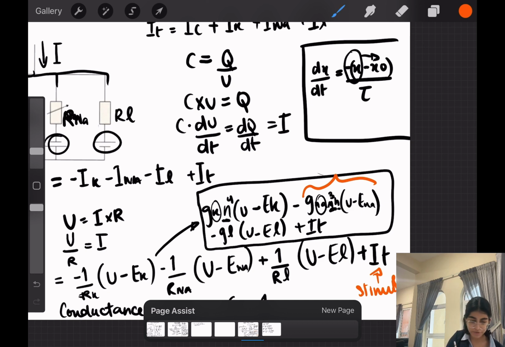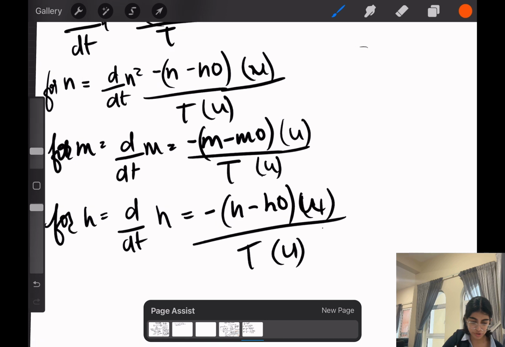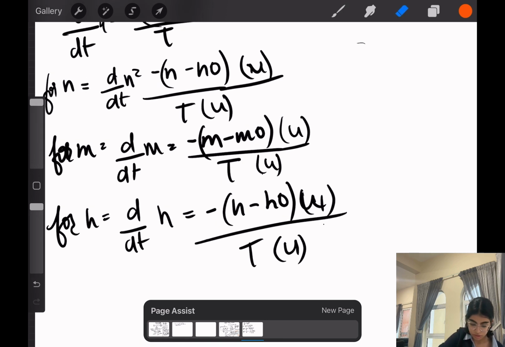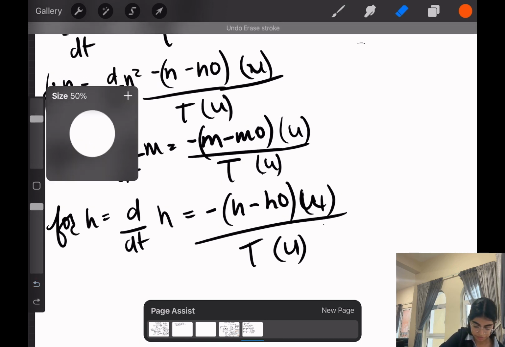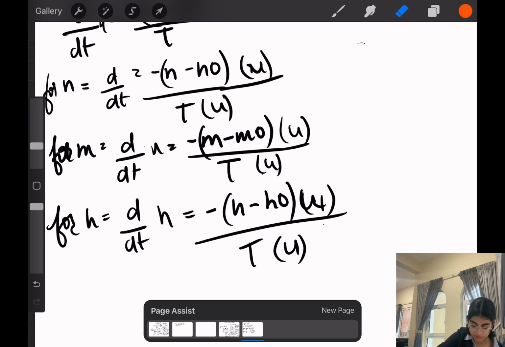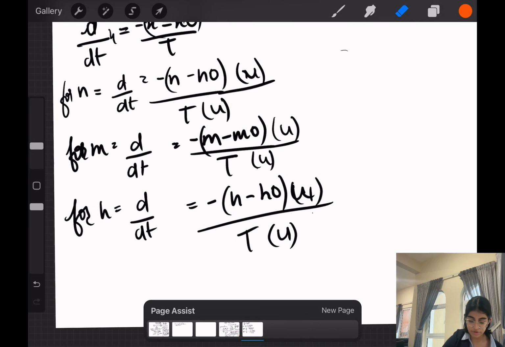And for each gating variable, like I mentioned, it was d by dt of the variable equals minus the variable minus the variable 0, over tau. And there you have it.